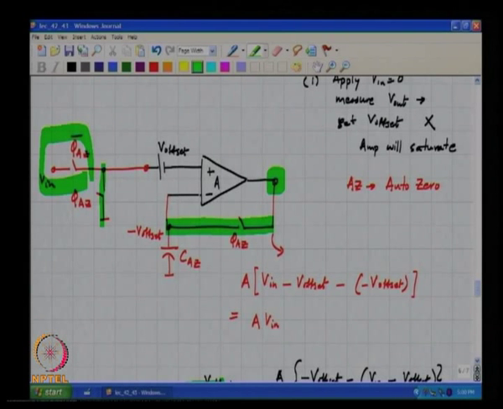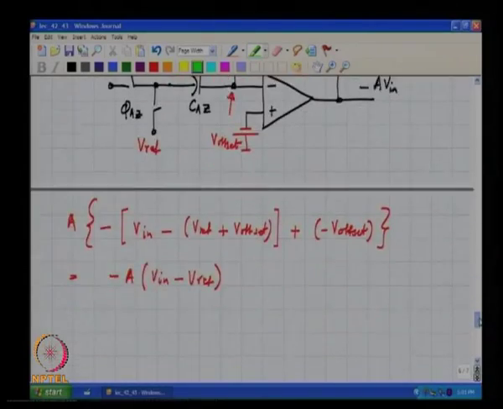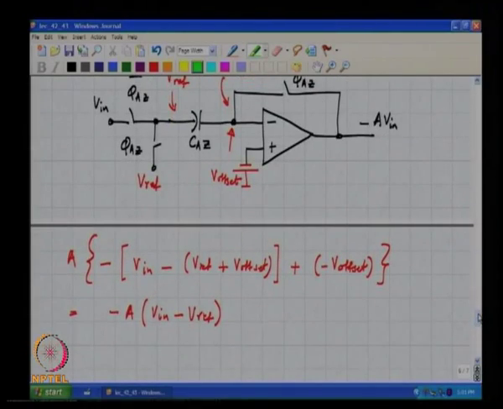So, the output voltage will be slightly smaller than minus V offset in magnitude, and so we will still be making an error, we are estimating V offset which is slightly in error. So, when you subtract also, we will be not compensating for the entire offset, but only a large part of it. So, in the next class we will see what the error is and how one goes and designs the preamp, and more importantly how one makes the preamp differential.